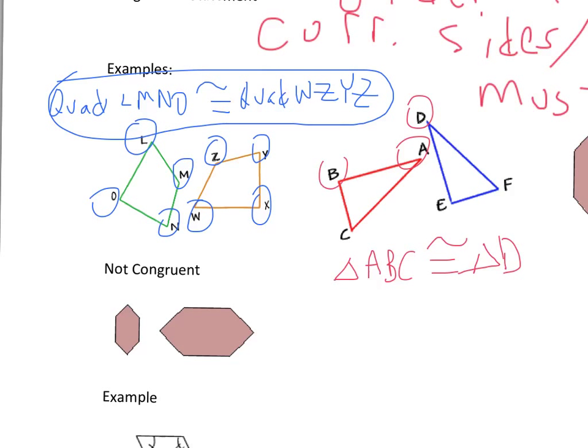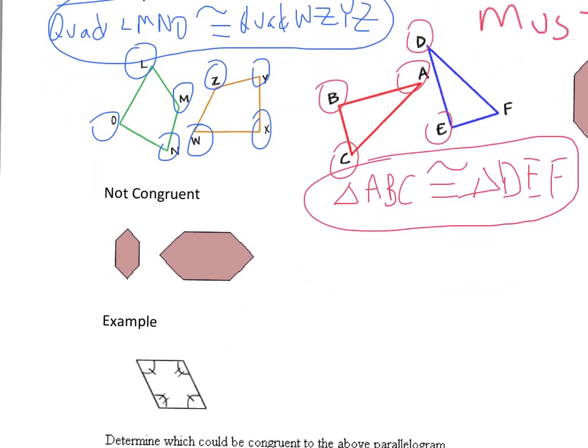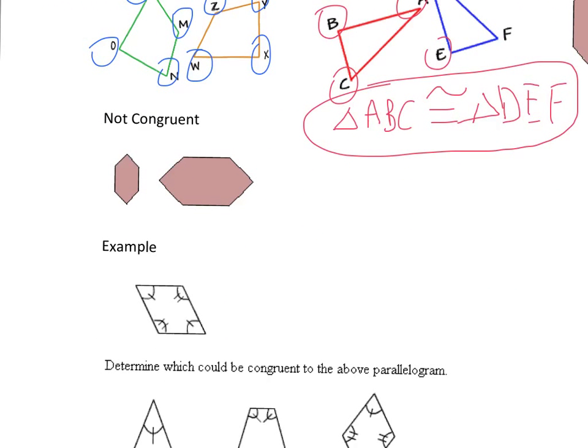Okay, and then we came down to B, so here we're going to come down to E, and then C corresponds with F. So triangle ABC is congruent to triangle DEF. Obviously, if two figures are not congruent, sides don't match up, vertices don't match up, they're not the same size.